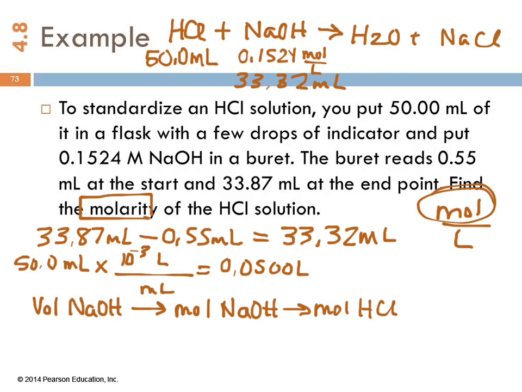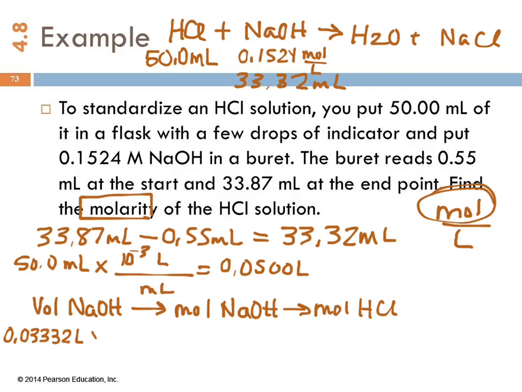Well, 33.32 milliliters. Well, this is our conversion factor, the concentration, that's in liters. So let's convert this to liters. This is the small unit. This needs to be the big number, so we need to move the decimal point that way so that we have a small number, 0.03332 liters.